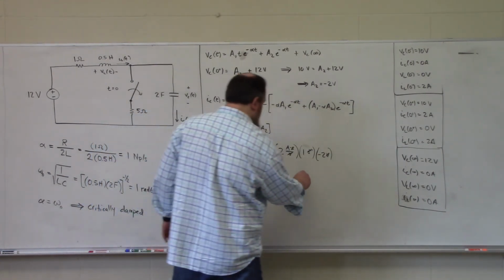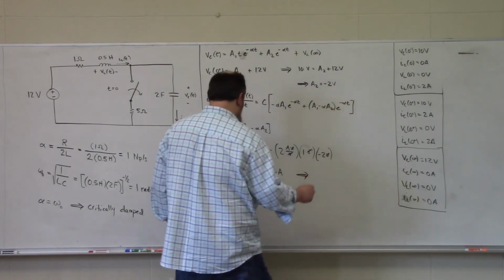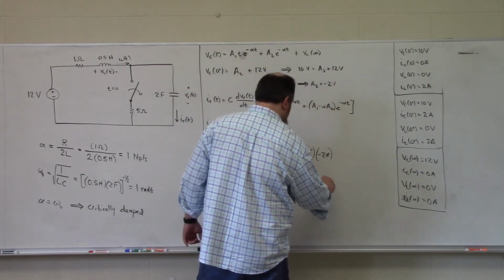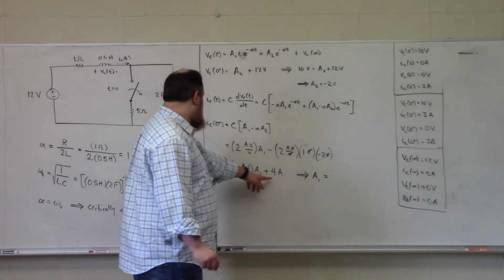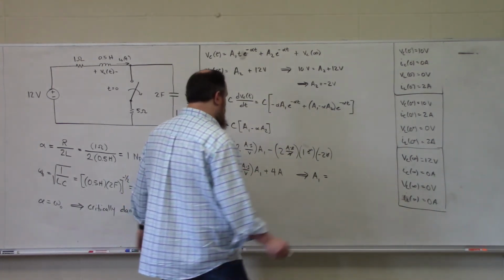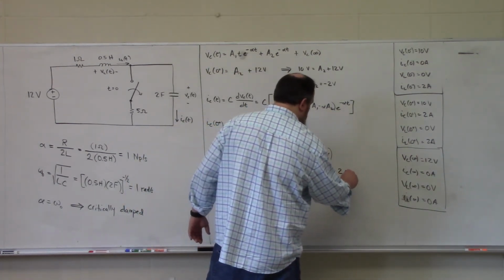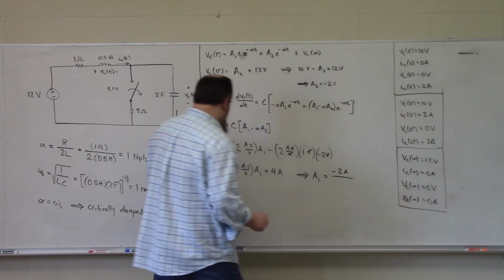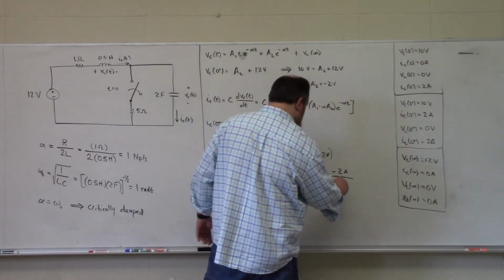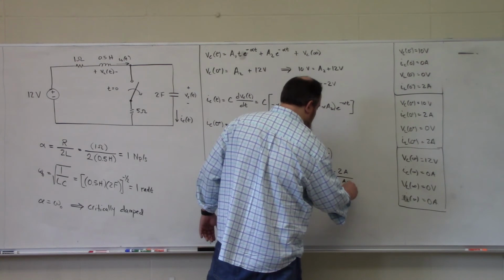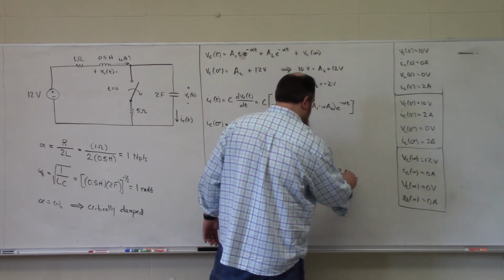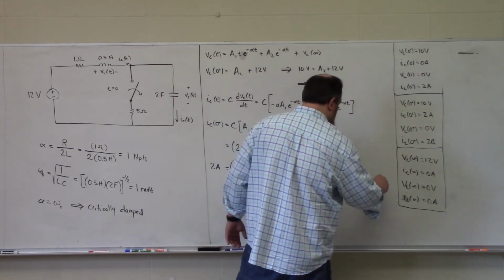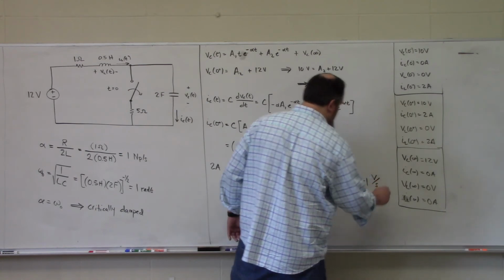So we can see that A1 is 2 minus 4, negative 2 amps, divided by 2 amp seconds per volt, which gives us negative 1 volts per second.